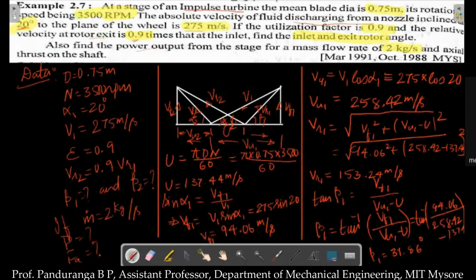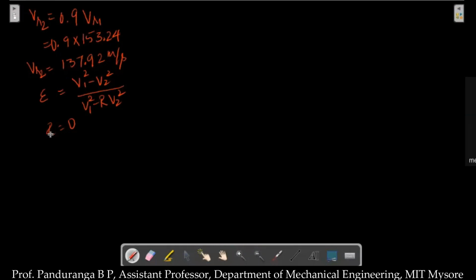So in the case of impulse turbine, the degree of reaction R will be equal to 0. So I can write the utilization factor 0.9 will be equal to V1 square minus V2 square divided by V1 square, because R into V2 square will be 0.